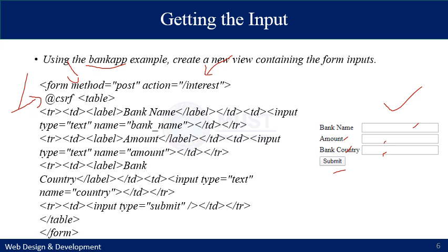Next is a tabular layout, and it has a label bank name and an input of type text, and the name of the field is bank_name. Similarly, we have amount, and again the name of the field is amount. We have country, and the name of the field is country, and finally we have an input button, and the type is equal to submit.